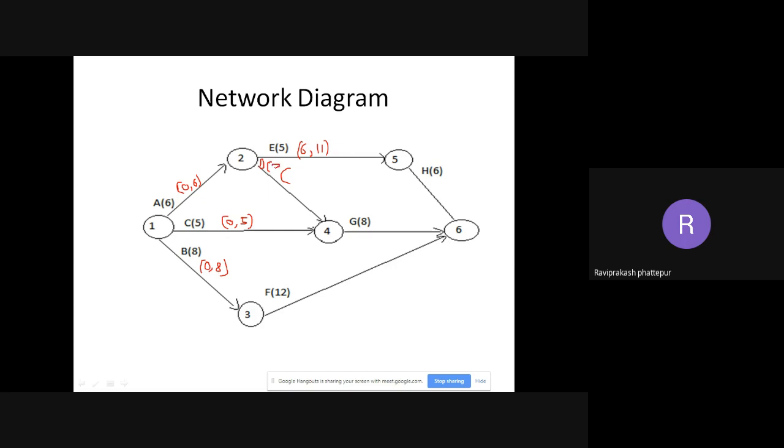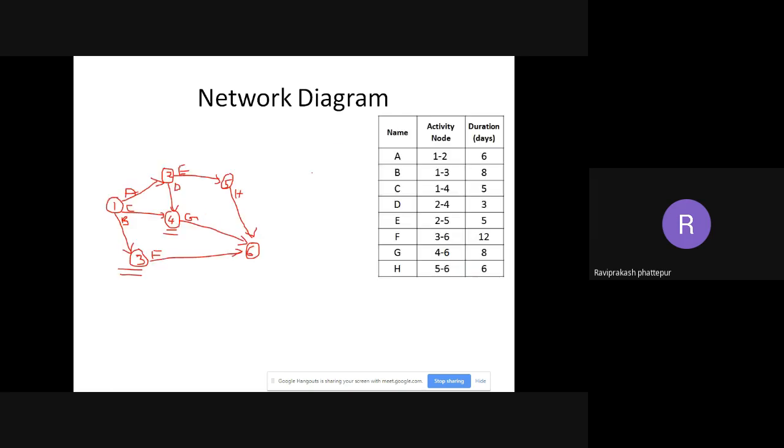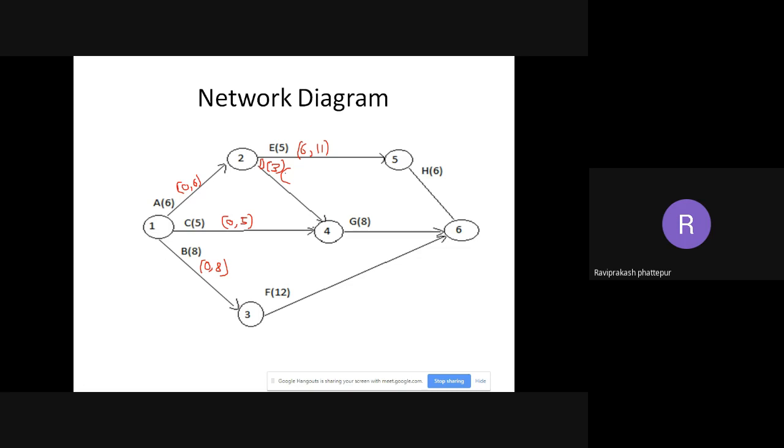Okay, I'll go back and check again if you want. Duration for D is 3. So again, D will start after A itself. When will A end? A will end at 6. This is 6, plus 3. The duration for D is 3. 6 plus 3 is 9. So 6, comma 9 is here.